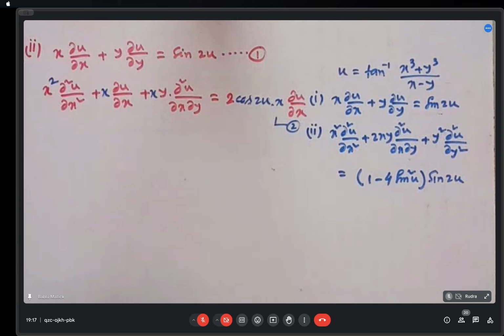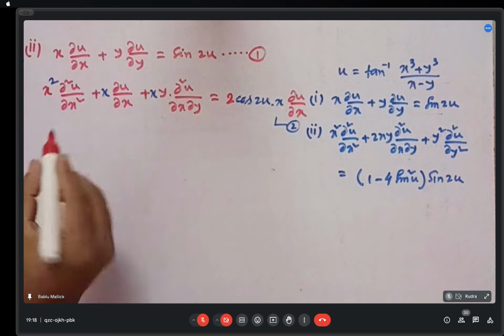Next, write: differentiating both sides of 1 partially with respect to y and then multiplying by y, we get the same thing.